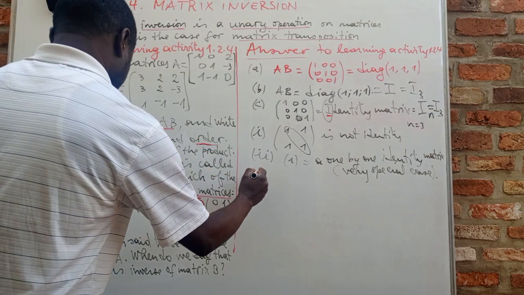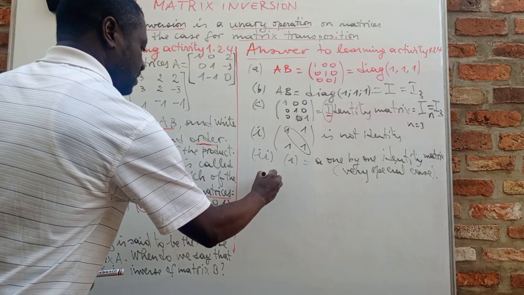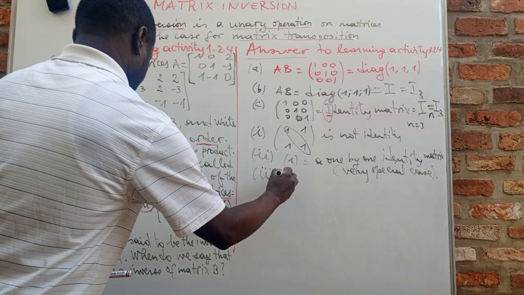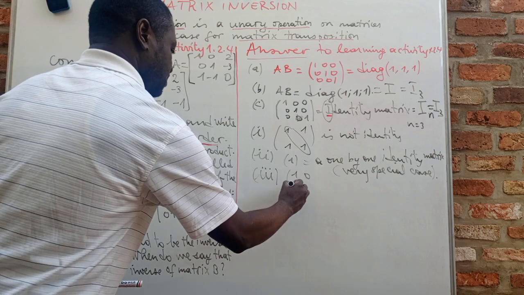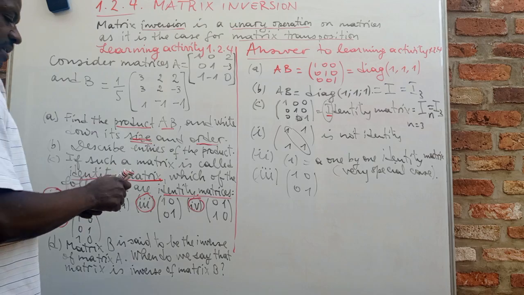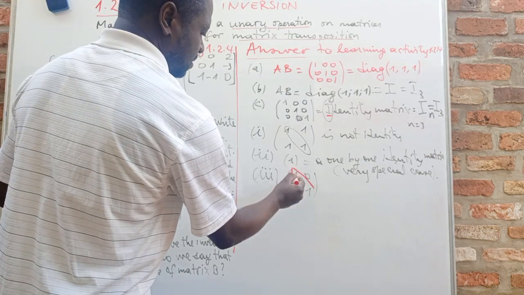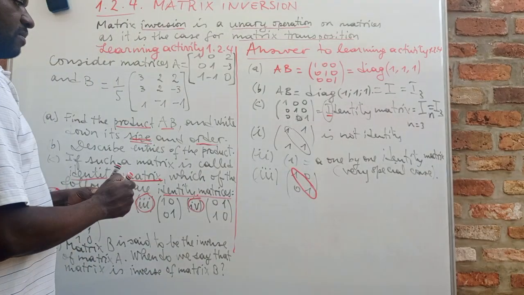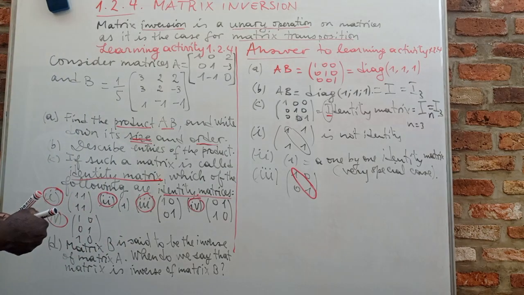So now number 3 here. We have 1, 0, 0, 1. As you can see, the main diagonal entries are 1, and the others are zeros.